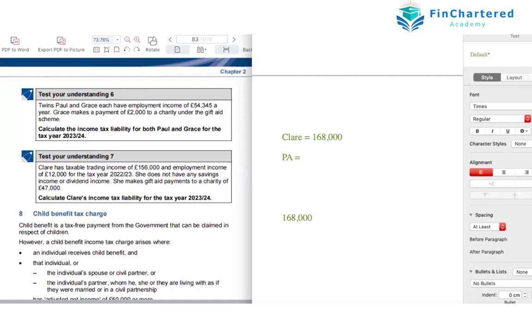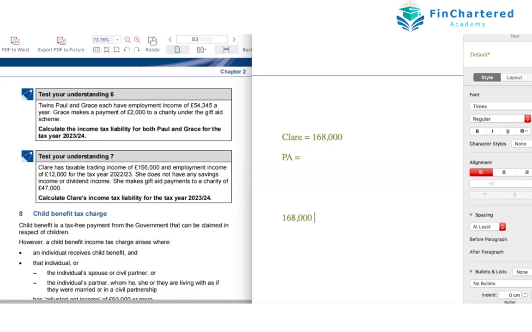It will be subtracted. So in this case, Claire is making 168,000, from which 47,000 was paid to charity. Are you understanding? 47,000 was a donation that was made to a charity.